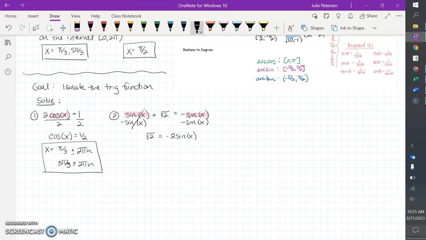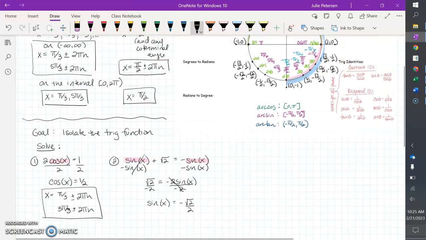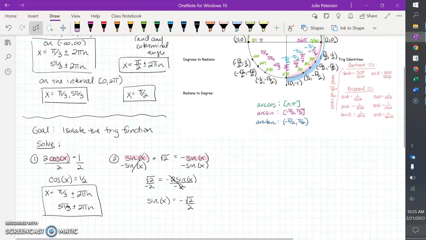All right, we're still trying to isolate that variable, and the thing that's in the way here is that negative 2. And that negative 2 is multiplying times sine of x, so I'm going to divide. And then those cancel. So when I finally isolate it, it says sine of x equals negative root 2 over 2. All right, so that should look pretty familiar. Negative root 2 over 2 is one of our ratios from our unit circle. And so then we go and look and say, all right, where are the y values, since we're talking about sine, where are the y values?